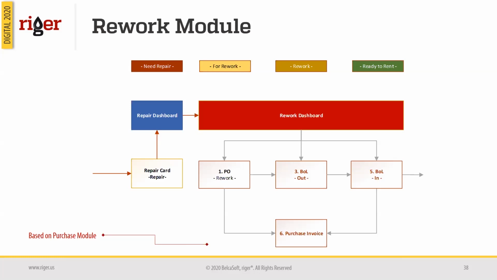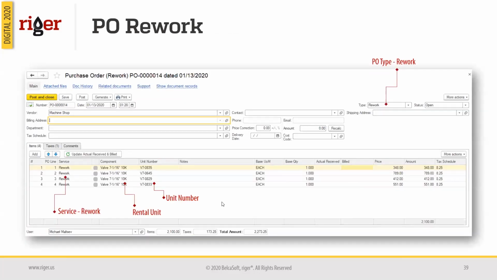As soon as we're ready to ship, we generate bill of lading out, and automatically the status of those items becomes rework. They will stay at the rework status until we have bill of lading in. And this dashboard gives us an opportunity to manage all our rework items internally.